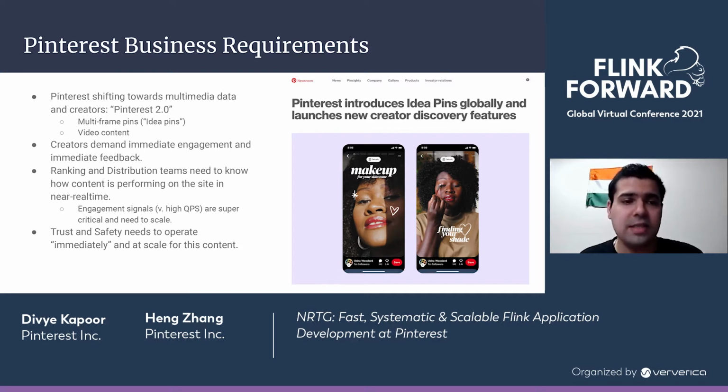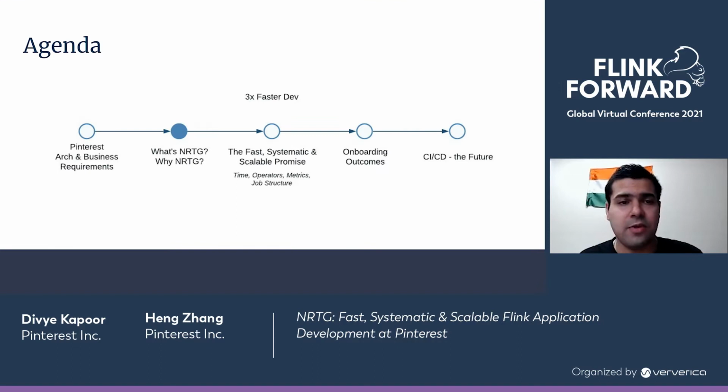We have video content in these pins. The creators want immediate engagement and immediate feedback on their content. The ranking and distribution teams need to know how content is performing to distribute it. The engagement signals are super critical. They need to scale. Trust and safety needs to operate in this environment. And so that's the changing landscape of our business requirements.